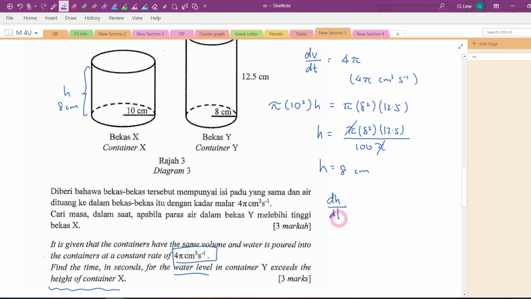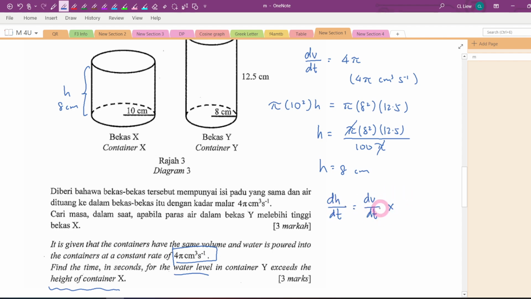So dh dt is equal to dV dt. Normally I will do this way. The rate that I'm going to find, I put on the left hand side, and the given rate I put in the middle like this. And then we try to think what we have to multiply so that we get back this.